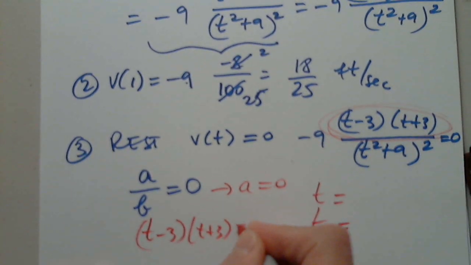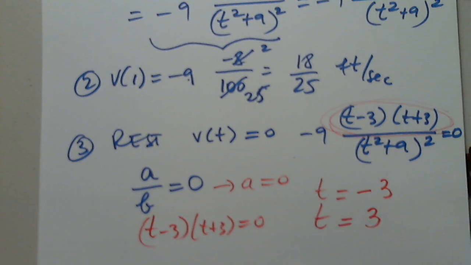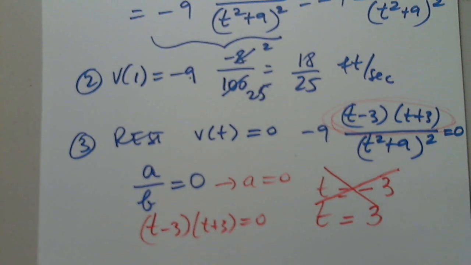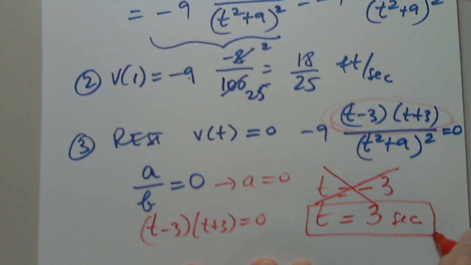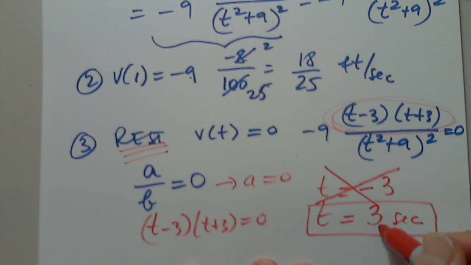So t minus 3 equals 0 or t plus 3 equals 0, when t is 3 or when t is negative 3. Since we're talking about time, negative is not acceptable because we're talking about seconds. So this is the only time when the particle is at rest, 3 seconds after it starts moving. Good. Part D. When is the particle moving in the positive direction?